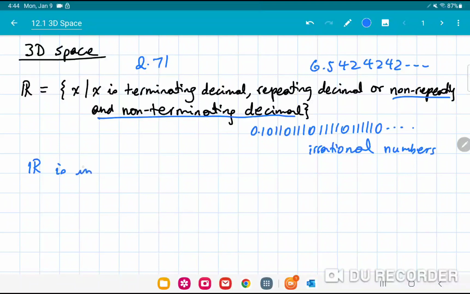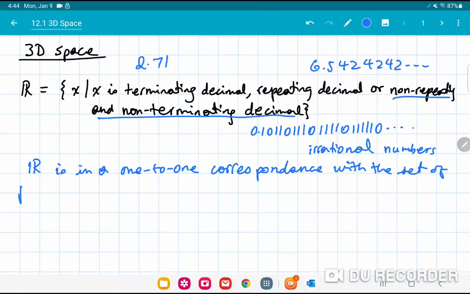R is in a one-to-one correspondence with the set of points in a line, or I'm not sure if I should say on a line.